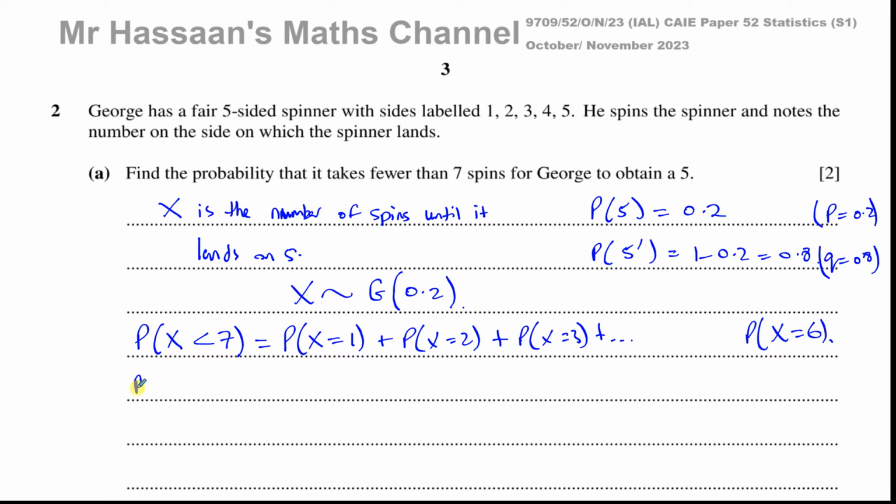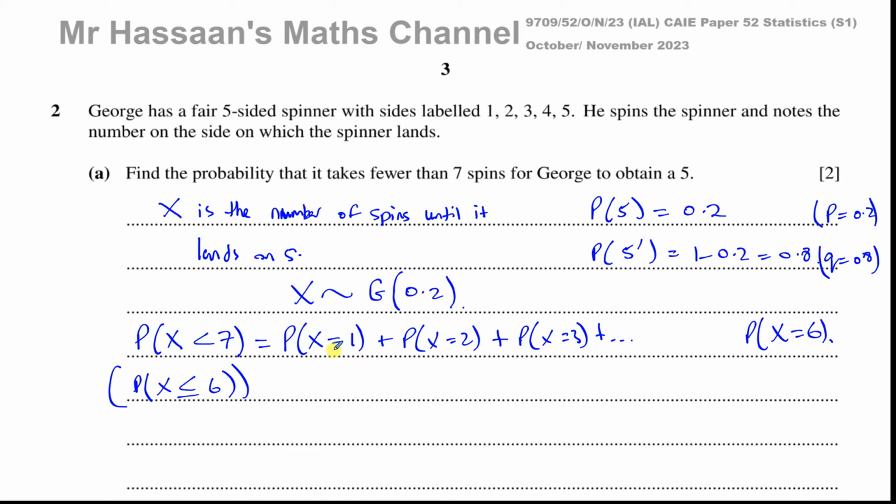Because this is the same as saying the probability that x is less than or equal to 6. Because here we have discrete random variables, so there's nothing between 6 and 7. When you start from less than 7, the first number you're going to get to is 6. So it's less than or equal to 6. This is the same thing as this.